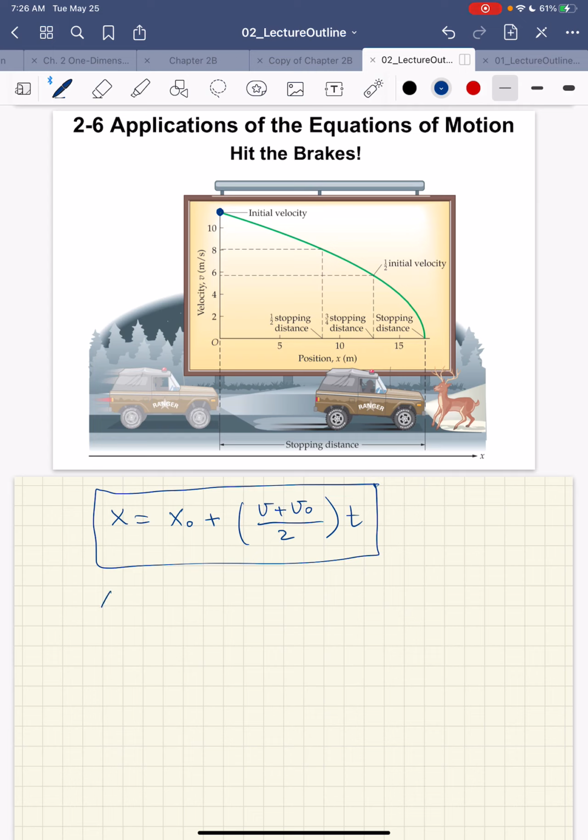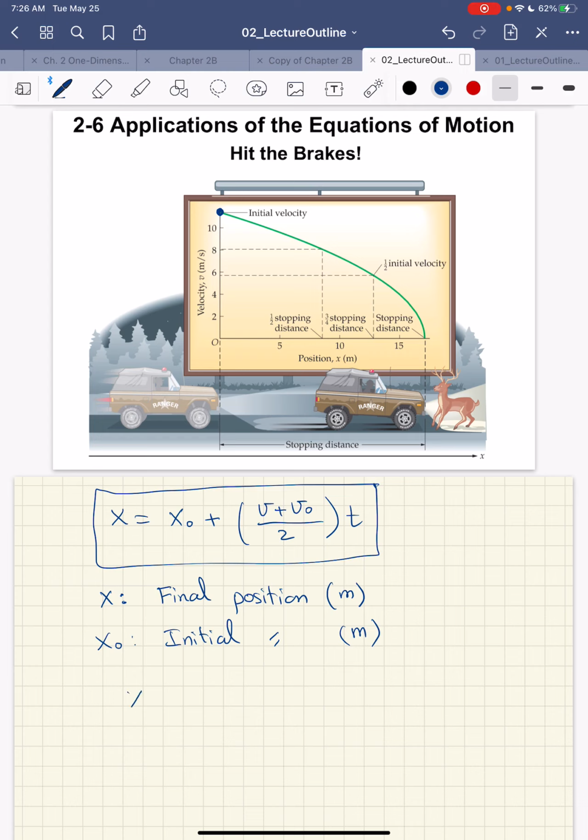Here x is your final position, and it can be plus or minus, in meters. And x0 is your initial position, in meters again. And the velocities are the same.